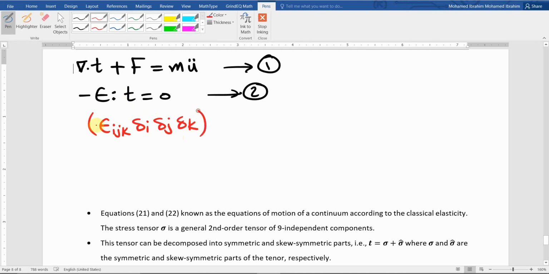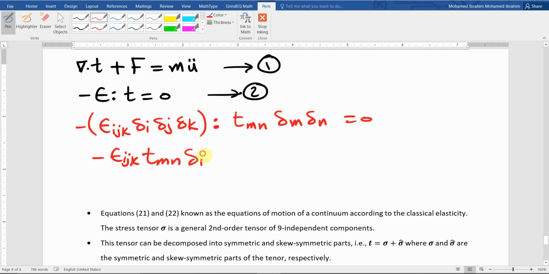So this is the epsilon term, negative, and we should have the double dot here to the T, and since we already used ijk, the T will be T_mn, for example, delta_m delta_n, any two other indices. It should equal 0, right? Then just collect the terms and do the double dot product over the unit vectors.